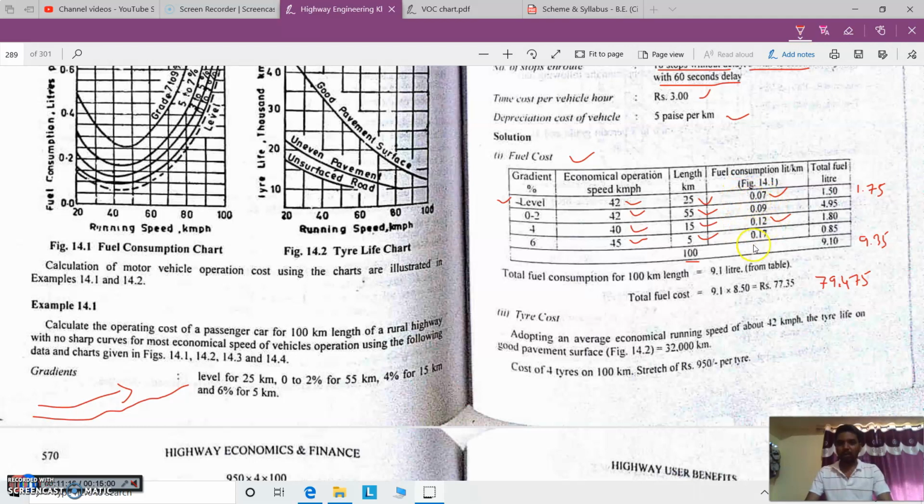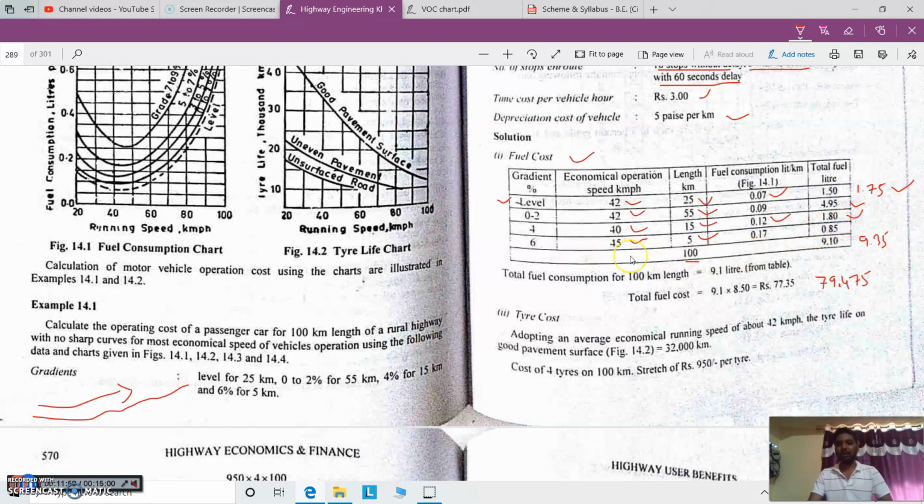Once you tabulate these fuel consumptions obtained from figure 14.1, you just need to multiply the lengths by the consumptions. 25 into 0.07 gives 1.75, and 55 into 0.09 gives 4.95. For 15 kilometers traveled on 4% gradient, the fuel consumption is 0.12, observed from graph 14.1 by erecting 40 kmph to the y-axis, and that gives 1.80.